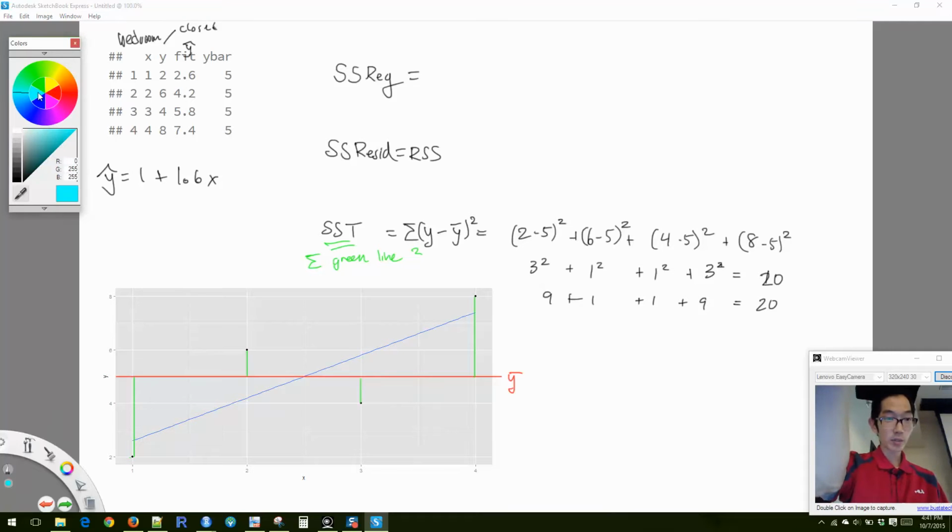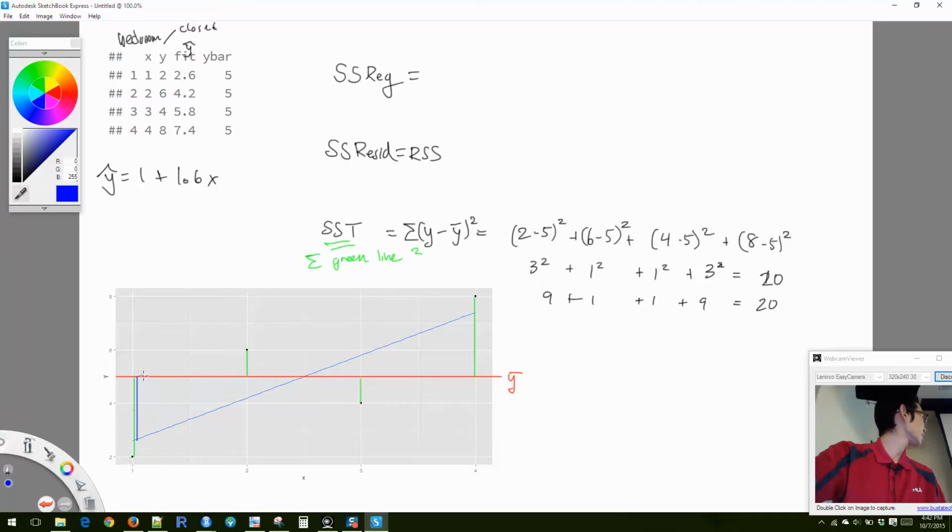Maybe we'll use this cyan, okay? So instead of predicting, that looks the same as green. Well, my life is hard. Okay, we'll use this blue.